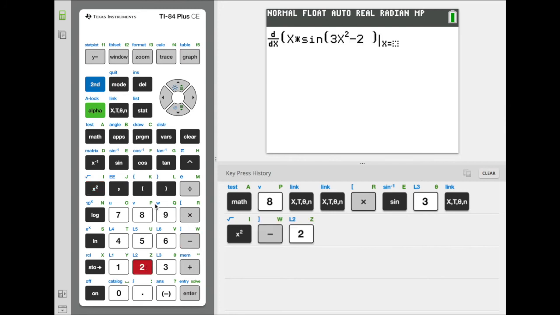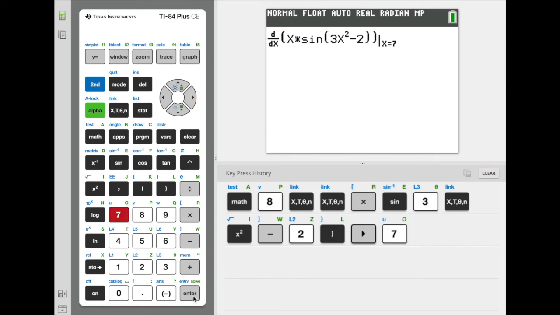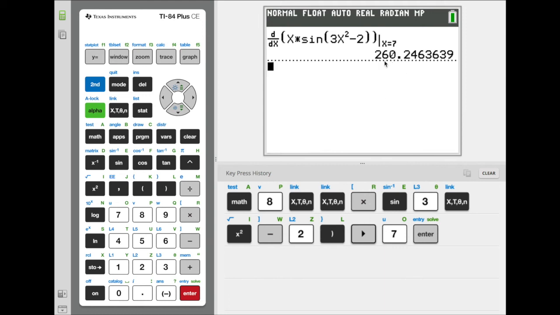So minus 2, we close those parentheses, and then we're going to say the x value that they're asking about here is going to be 7. So we say take the derivative of this function when x is 7. That gives us a derivative of about 260.246. Again, we round to 3 decimal places, or 3 digits after the decimal place in AP Calculus.